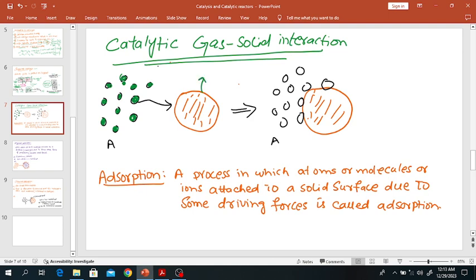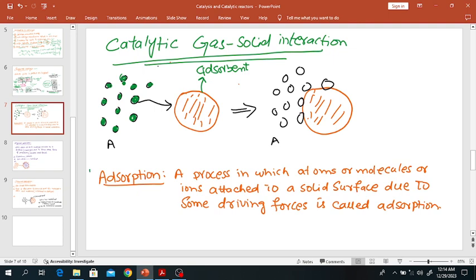It can be an adsorbent or it can be a catalyst. Suppose it is an adsorbent. These are the molecules. This is gas A. Suppose it is oxygen gas or helium gas or some other gas.